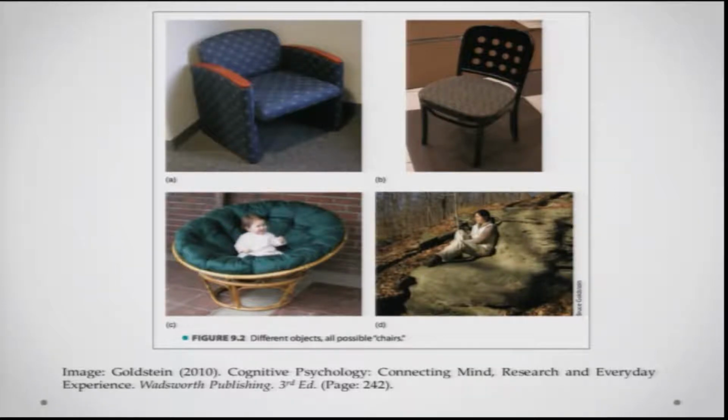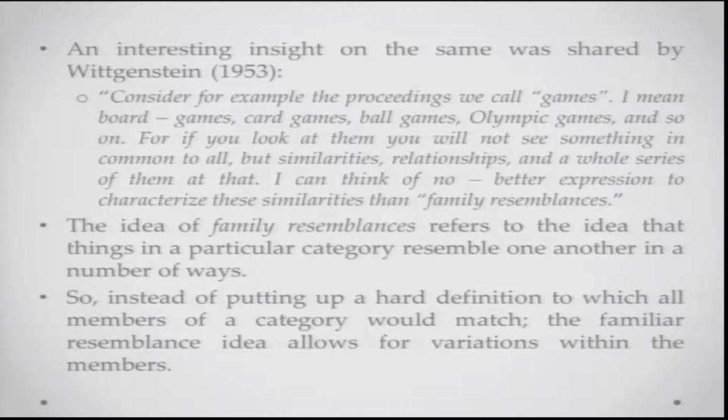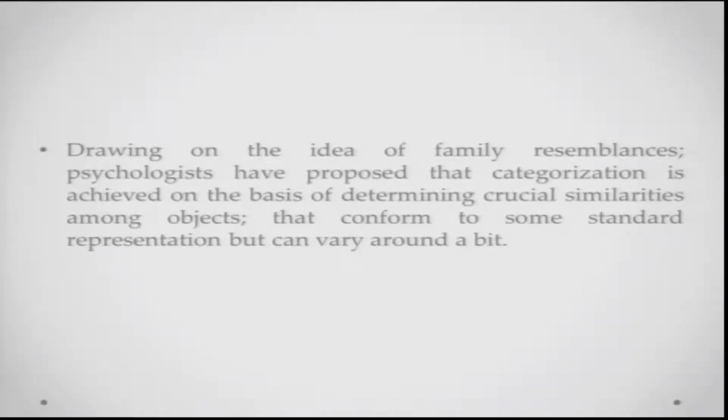So, what I do is I talk about family resemblances, as says Wittgenstein, and I can say that this is also a chair, this is also a chair, but obviously there are certain differences. So, there is a variation from the definition. That variation is permitted because all the members cannot really fit to just one definition. That is the definitional approach, and it basically tells you that you cannot have a strict definition, but obviously you can have a loose definition, or you can have some variation with the definition that will define the entire category.